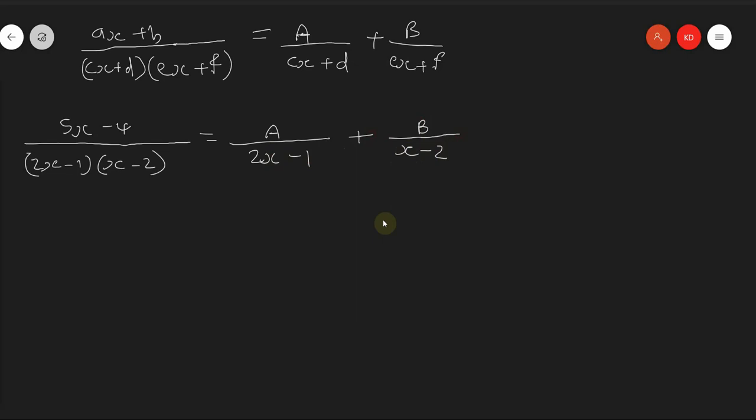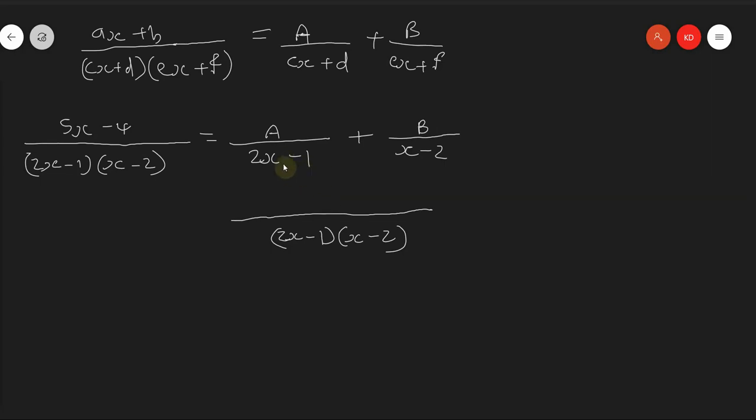Now what we're going to do first is to add both of these on the right side. Okay, so let's proceed to adding them, and if we're going to add these, of course the denominator would be 2x minus 1 times x minus 2. Great, same as there.